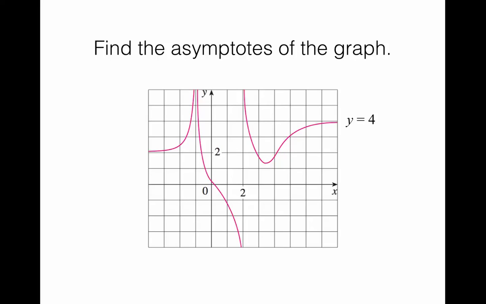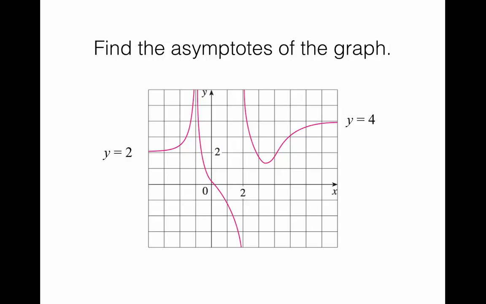So we'd say that the line y equals 4 is a horizontal asymptote of this graph. Likewise, when x goes to negative infinity, we look way to the left on the graph. It appears that the function's values are settling at height 2. So the line y equals 2 is a horizontal asymptote of the graph.